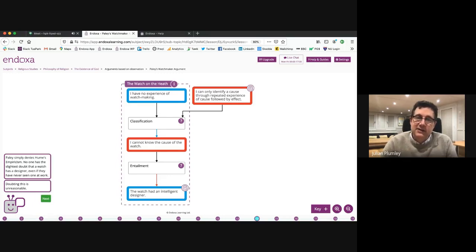So in the system, the colors, blue is true, red is false. So this statement is the same as it was before. We've just changed the color. That means Paley thinks it's false. And if this is false, this argument has no strength. So you can make this false, that argument has no strength, and then this can be true.